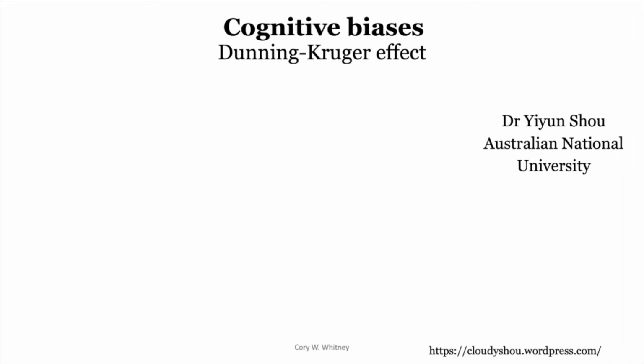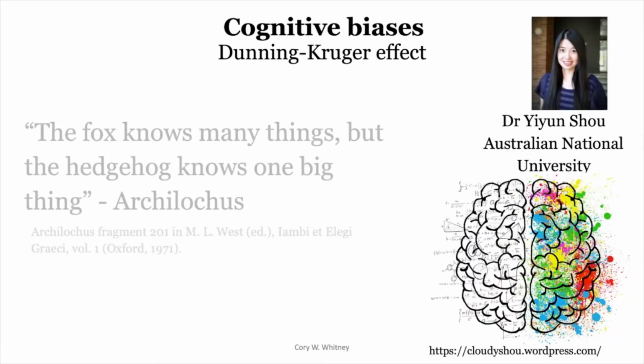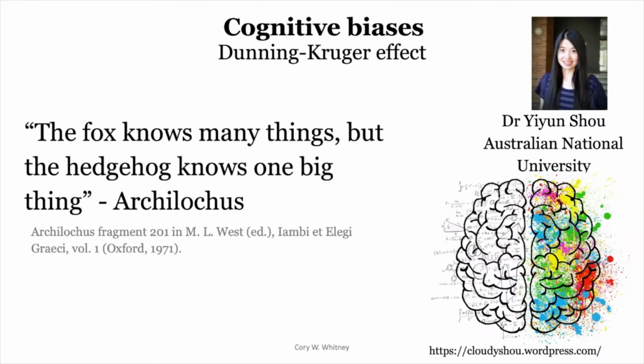One researcher I really like who deals with some of these issues is a psychologist at the Australian National University, Yun Shu. She spoke to our group earlier this year. And she has a Cloudy Shoe WordPress website, which is definitely worth checking out. She talks a lot about how somebody's confidence can actually derail things.